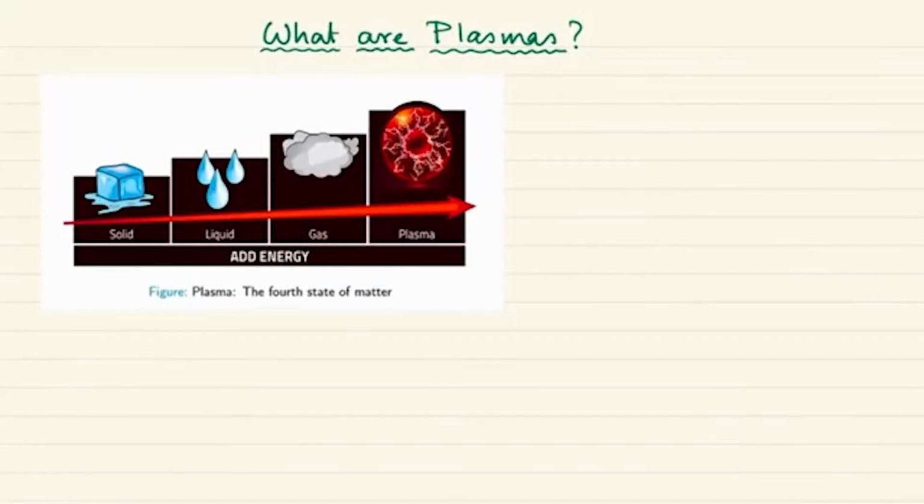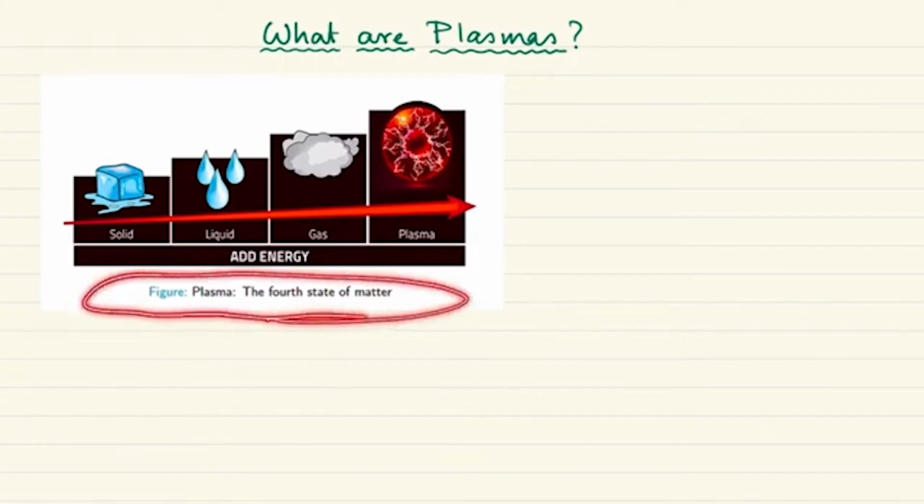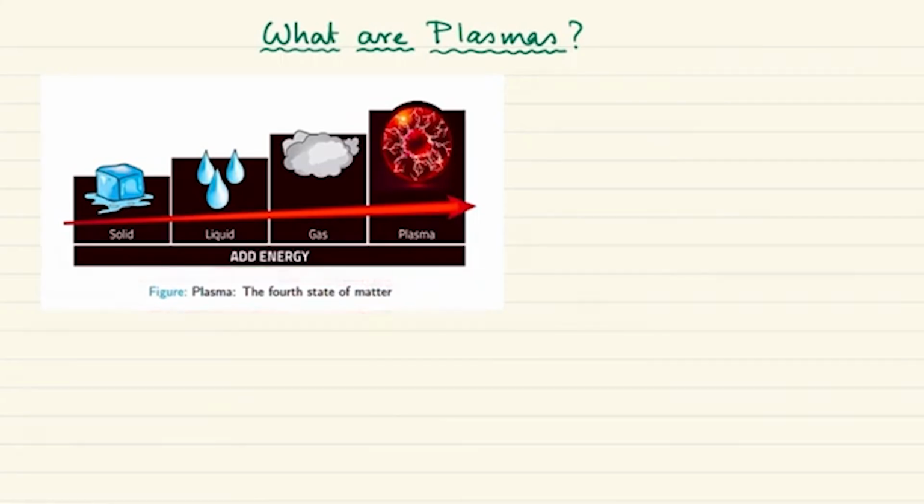But specifically in this lecture, I will mainly give you a very basic introductory view of plasma. So the first question which comes to our mind is, what is a plasma? And of course, the first thing which comes to our mind from our general knowledge is that plasma is nothing but the fourth state of matter.